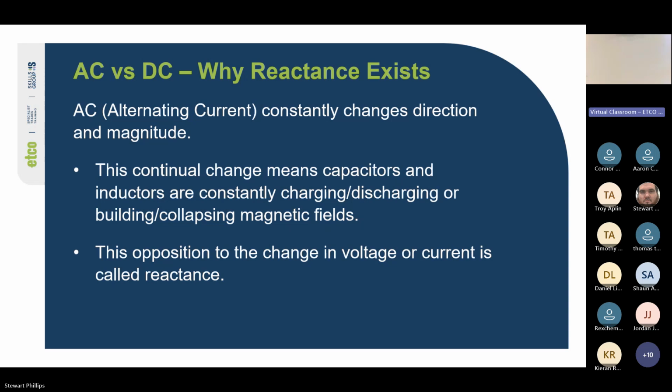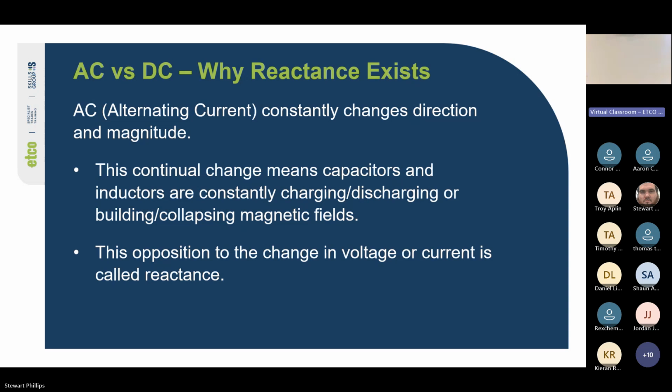So for the capacitor, it's in the charge and discharge of it, and then for the inductor, it's the building and collapsing of the magnetic field. So this is all of the components that create reactance. So yeah, the capacitor may be considered a passive component, but it is also a reactive component.